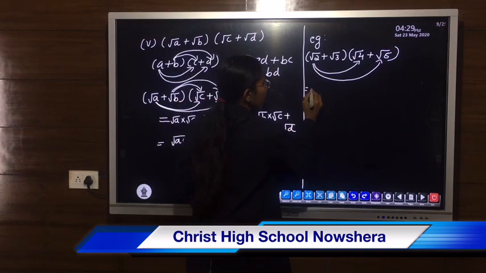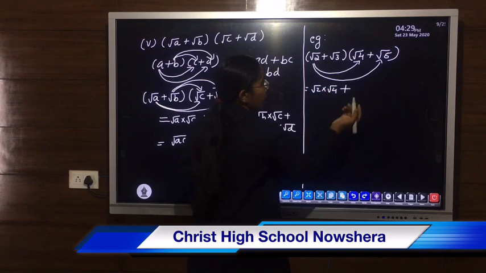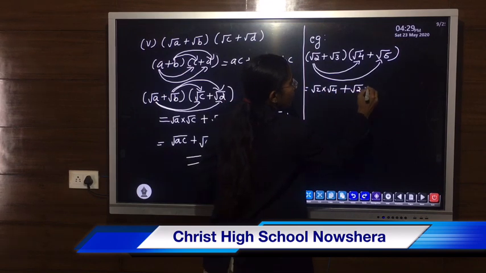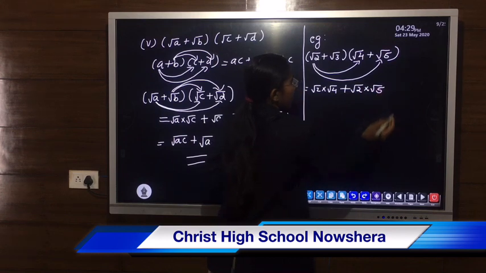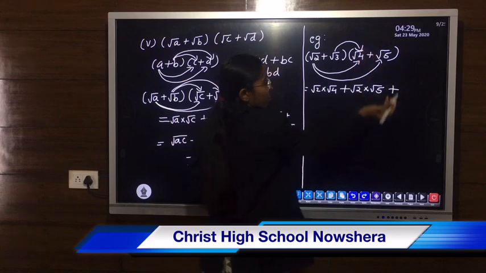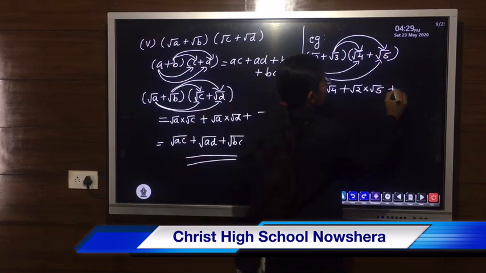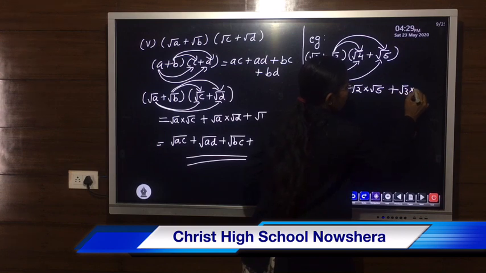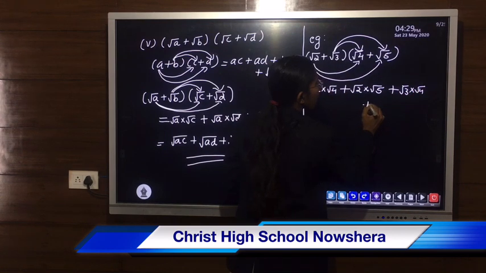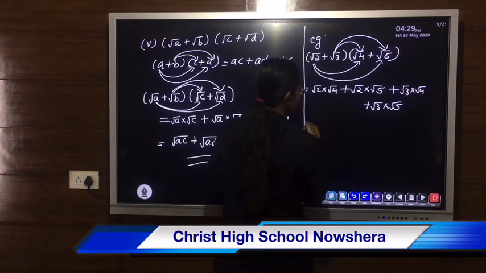That is root 2 into root 4 plus root 2 into root 5 plus again root 3 into root 4 plus root 3 into root 5.